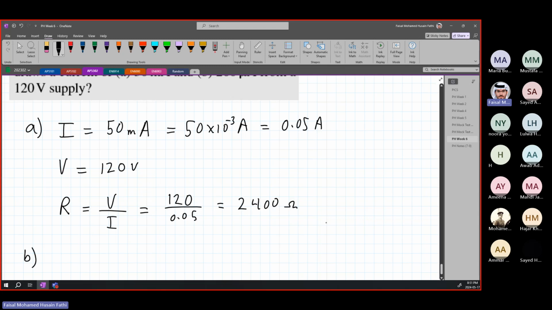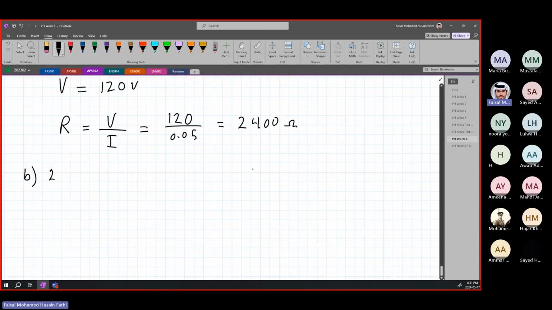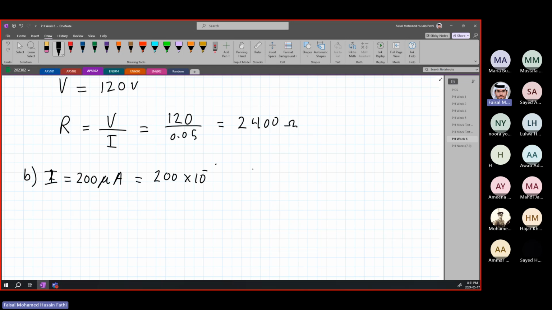For part B, it is the same voltage, but the current now is 200 micro. So I is equal to 200 microampere. Remember that micro means 10 to the minus 6, or divided by a million. I'm going to leave it in this form. Again, voltage is 120 volts.